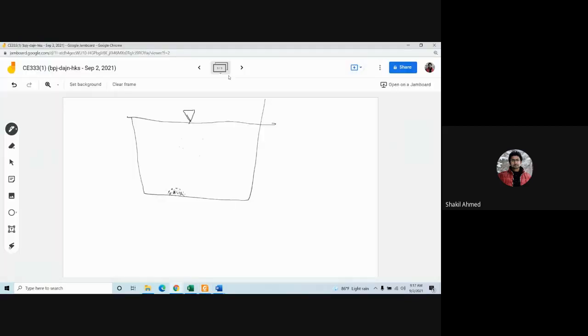The concept is this. Let's say this is the sewage treatment plant.